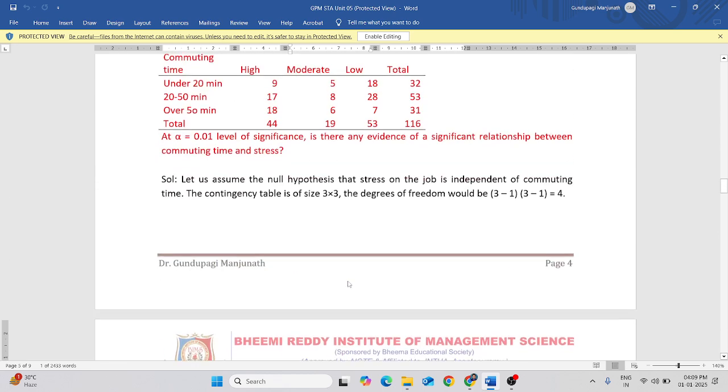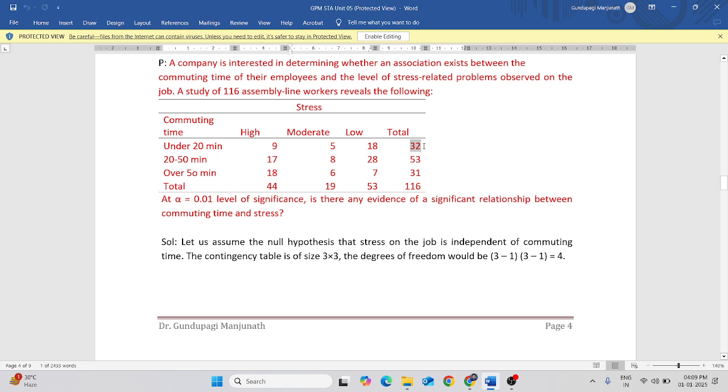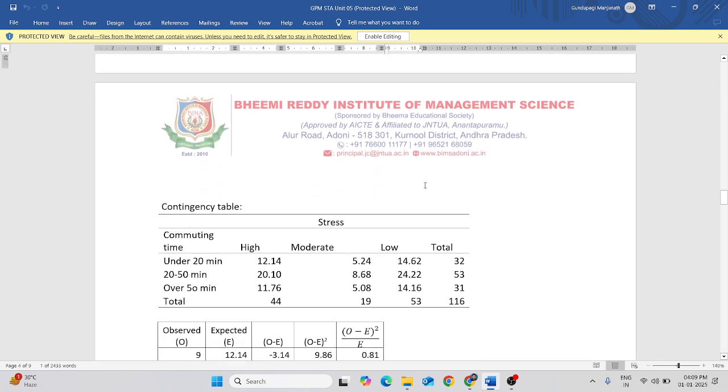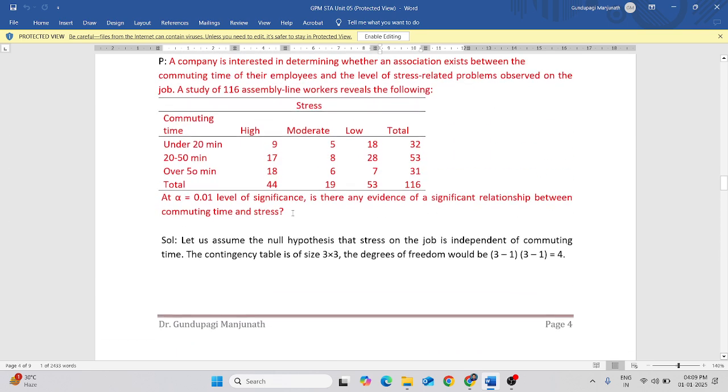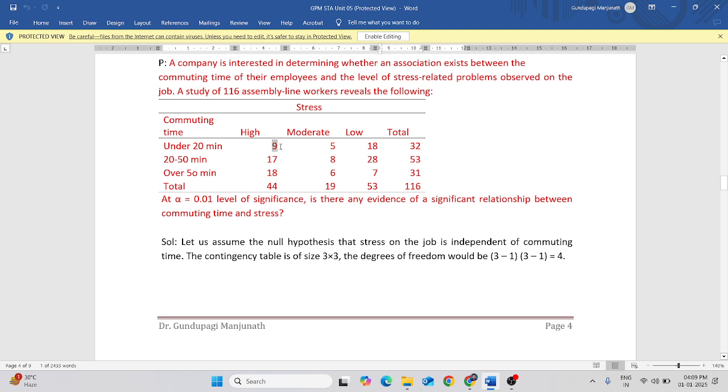In the same way, 32 into 53 divided by the grand total 116, you will get 14.62. Like that, we have to find all the cell values.